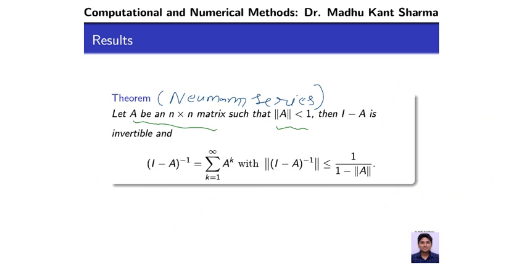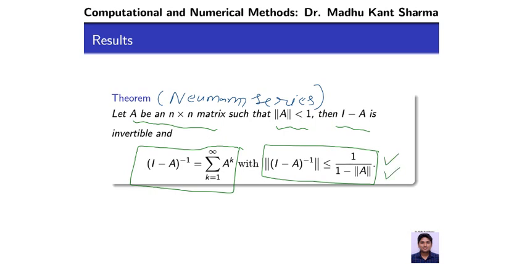Then I - A is invertible, and its inverse can be approximated by the sum of the powers of A, and whose bound can also be calculated. Okay, so this has already been seen, so this you need to calculate.